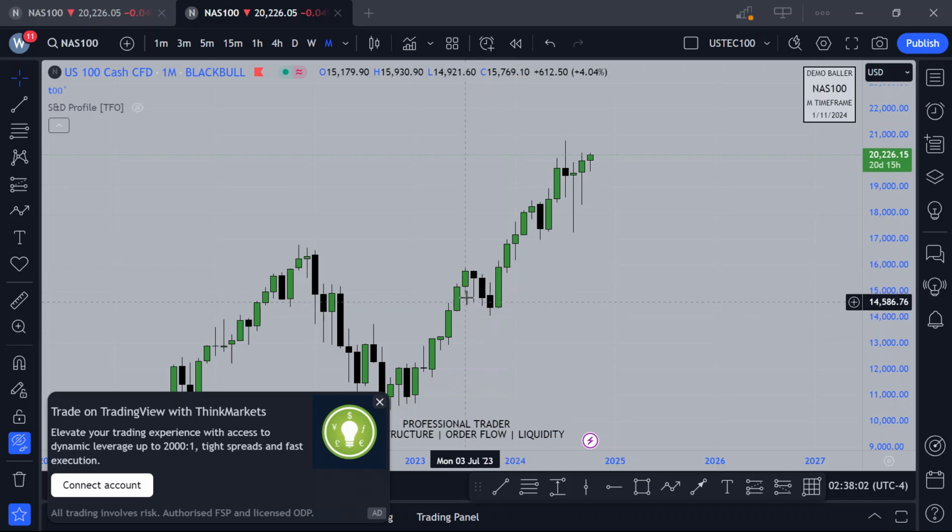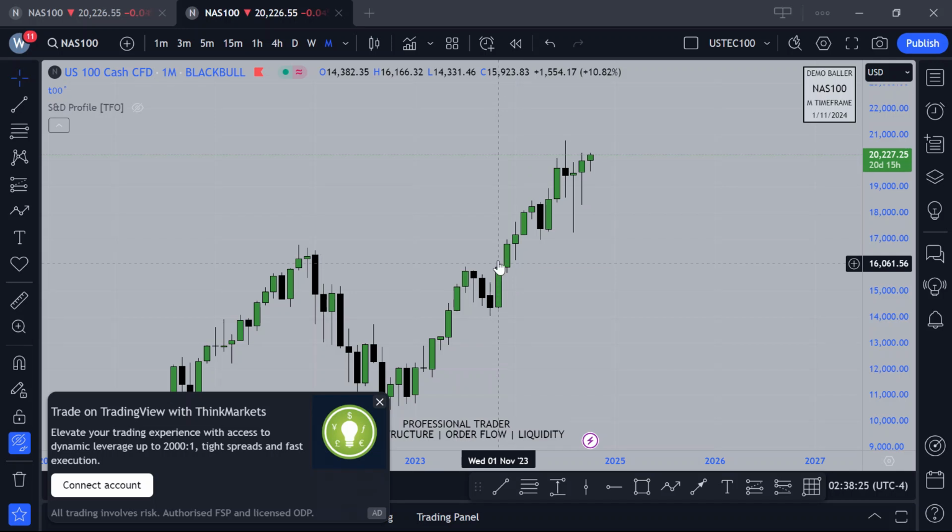Because market structure was not shifted bearish during this pullback, the liquidity above this high was then attacked, because the overall market structure, even though we had three bearish months here, was still bullish.